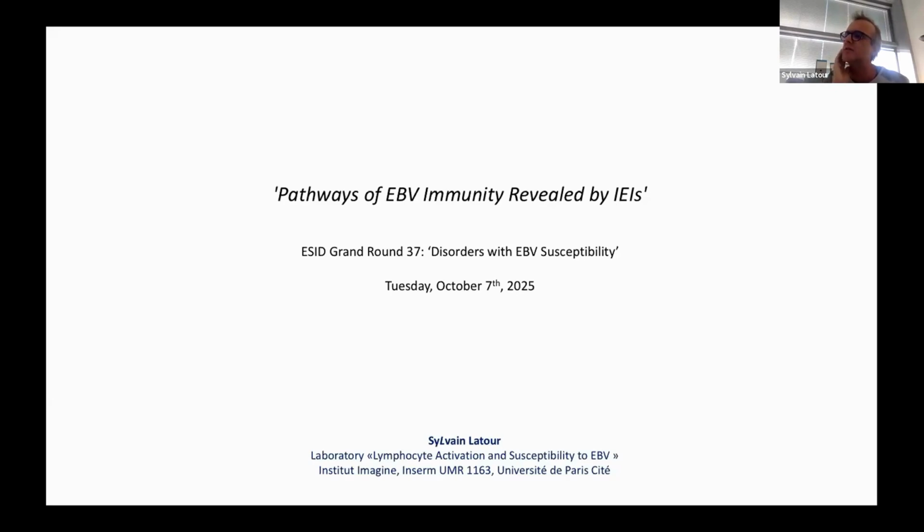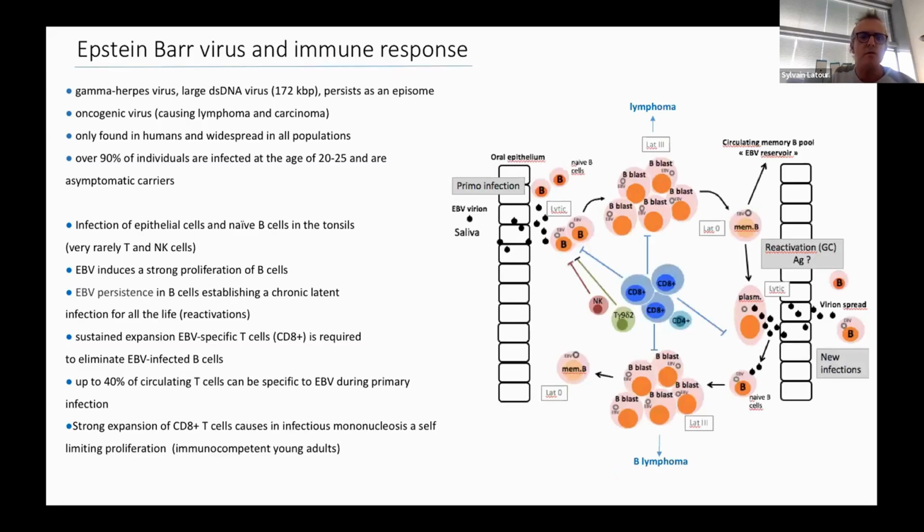And as you will see, this primary immunodeficiency represents a very unique model to understand the molecular requirements of T-cell proliferation and expansion during the immune response. I will skip some generalities about EBV because we have a nice presentation by Cristina.